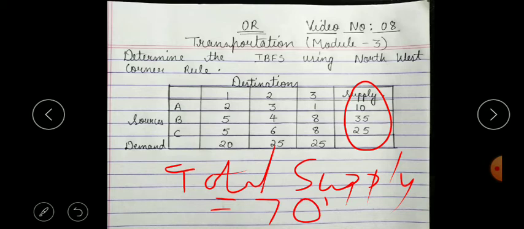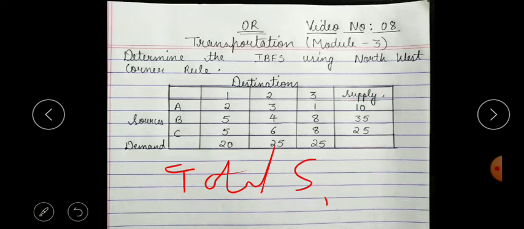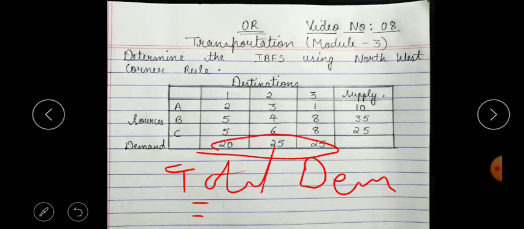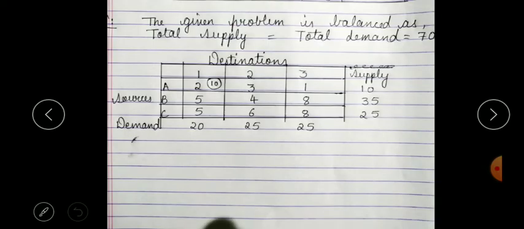Now let us see what is the total demand. So 20 plus 25 plus 25, it is also 70. So always first check the total of all the supplies and all the demands. So the given problem is balanced because the total supply is equal to total demand, which is equal to 70.